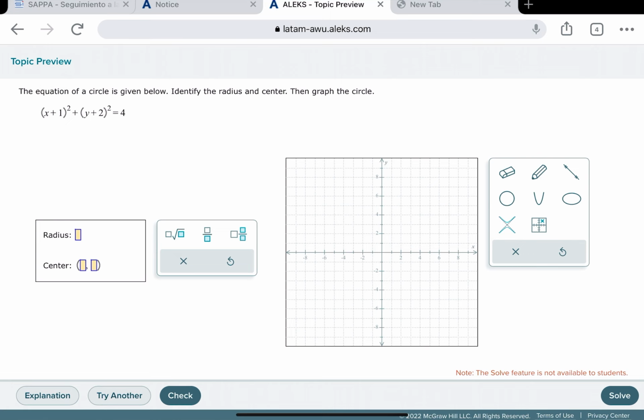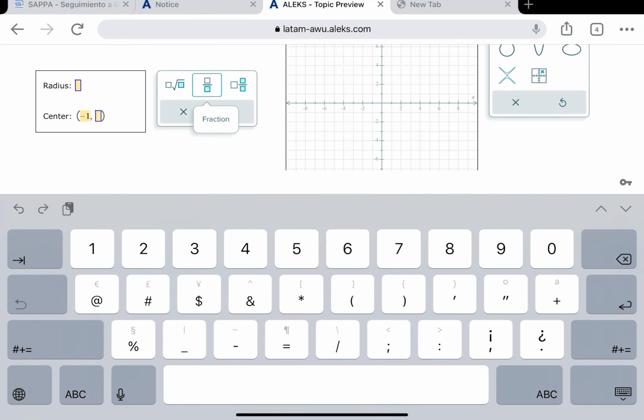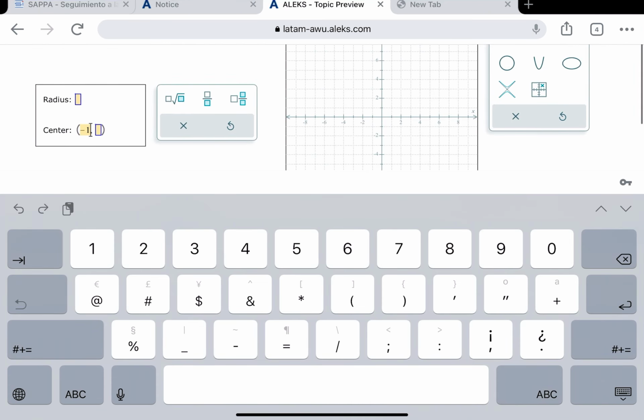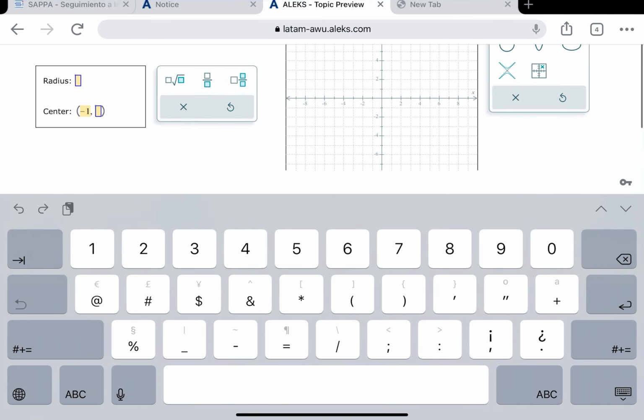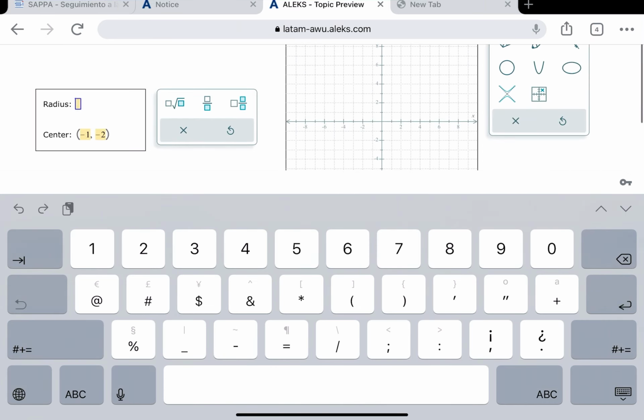Here, what is the value of h? Minus 1. And what is the value of k? Minus 2. What is the radius? It's the square root of 4, which is 2.